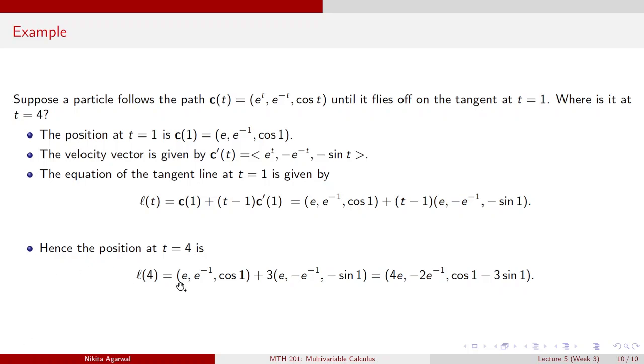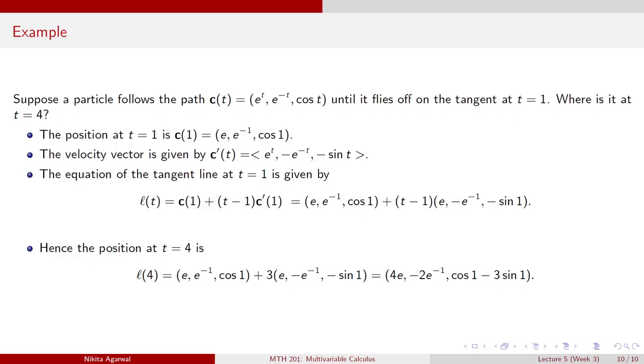So on the tangent line at t equal to 4, where are you? You are at L(4), which is just substituting t equal to 4 here. This is what you get, and this is the answer. This is the position of the particle at t equal to 4.